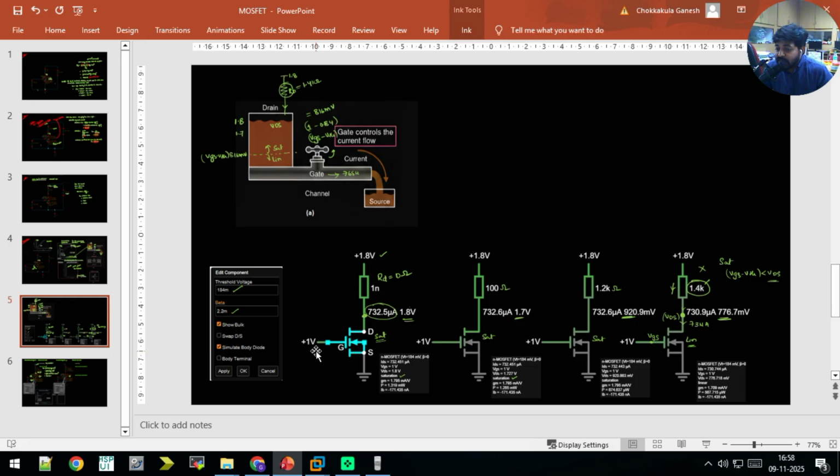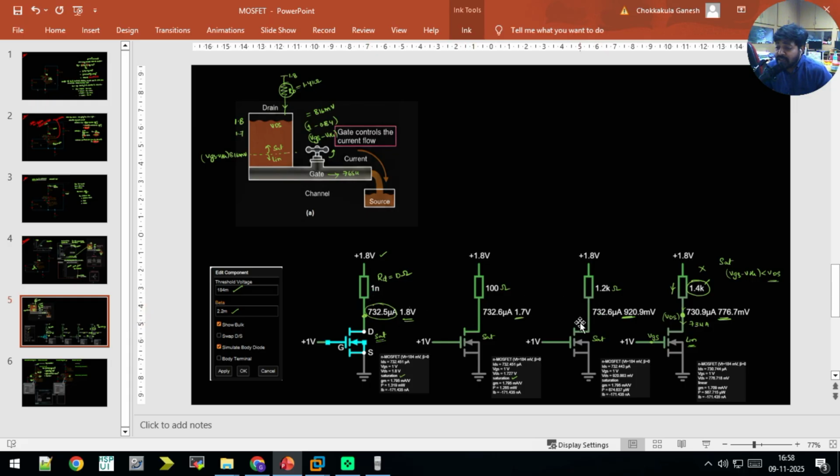As per the gate requirement, VGS minus VTH, as we have calculated, 732 micro, it only conducts 732 micro everywhere, whatever the voltage or current you are biasing at the drain terminal. So the current flow will be the same.